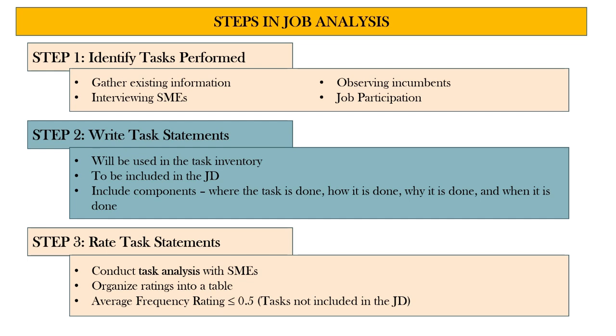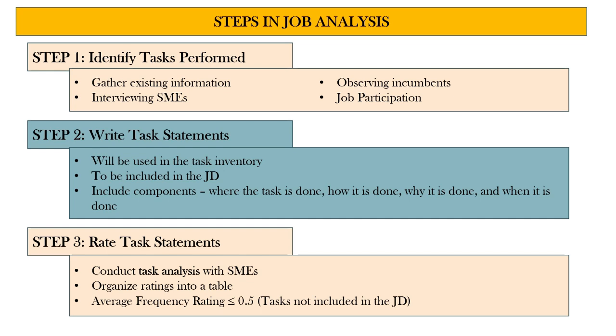And you can also participate in the job. Job participation is when you are also performing that certain job. It is where you're able to get a first-hand experience of what that worker is really trying to do in a certain job. Okay, next is to write your task statements.